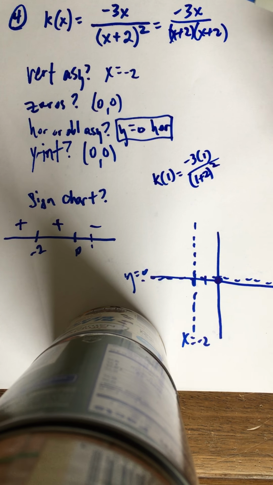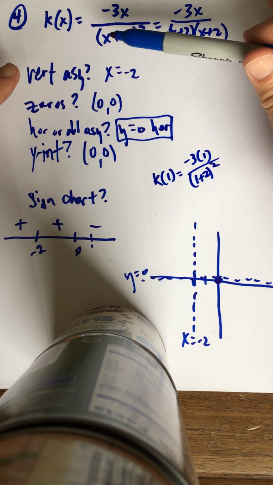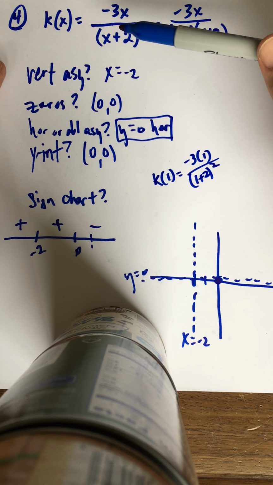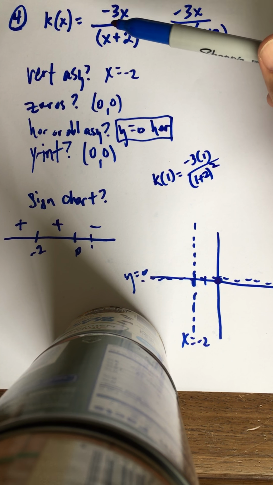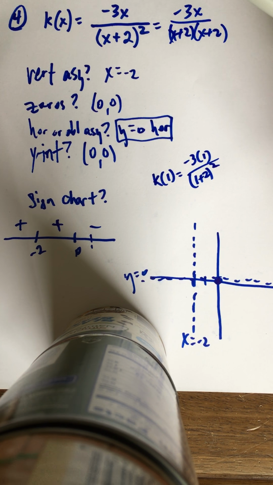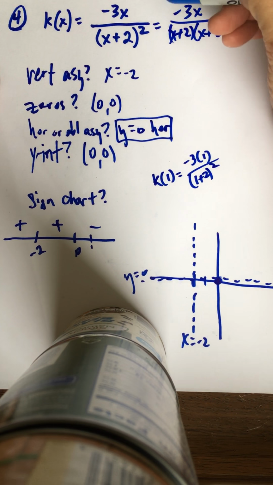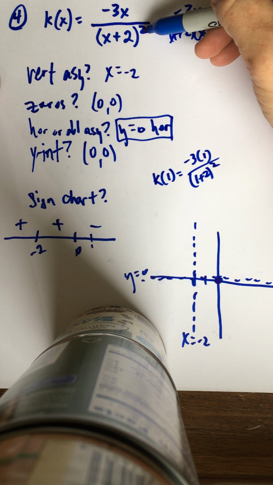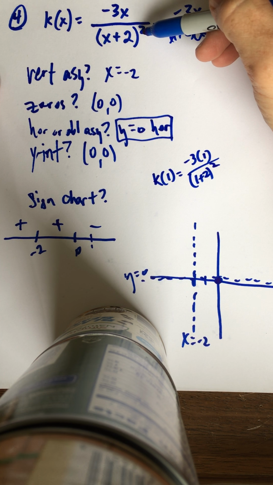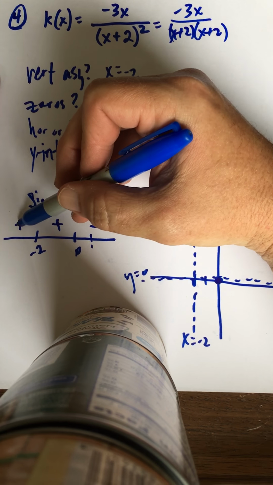Now, this is going to be weird for you. I'll ignore this example, but I'm going to explain something to you that might come up in your homework or on the review sheet or something like that. If this were an odd number, like if it was repeated 3 times, then it would still cross there, it would still alternate, it would still go plus minus.